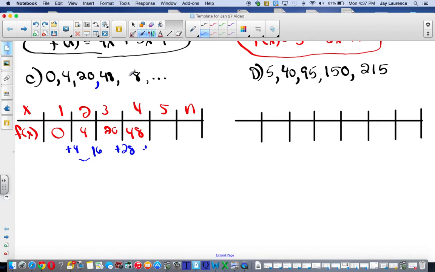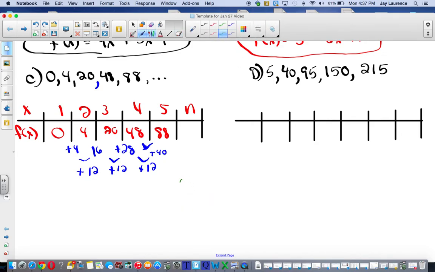On the good note, I was able to erase without erasing everything in the table. All right, 88. Yeah, this is better. Okay, so there we go. That's going to be a plus 40. And when I come down to second differences, I got plus 12, and that's plus 12, and that's plus 12. So this must be a 6n squared, and I should do that in a different color.